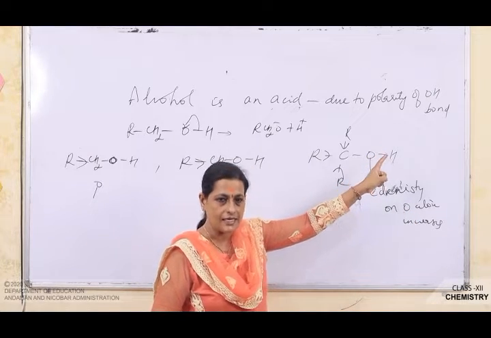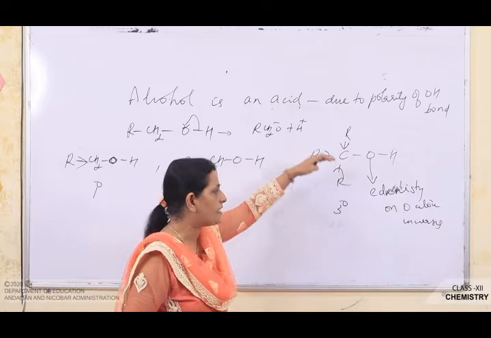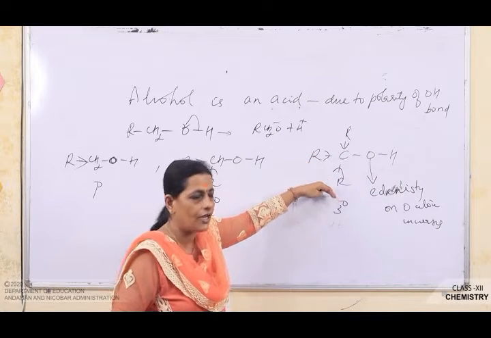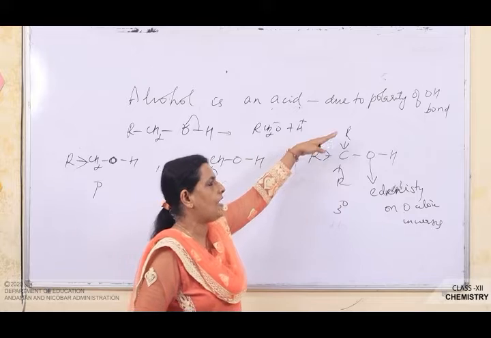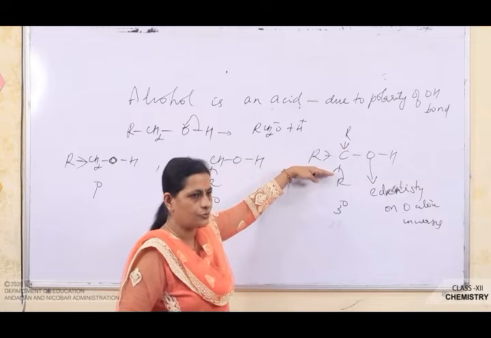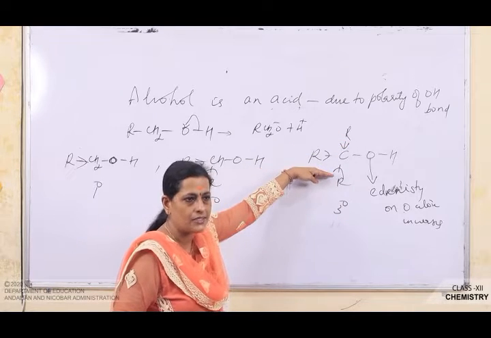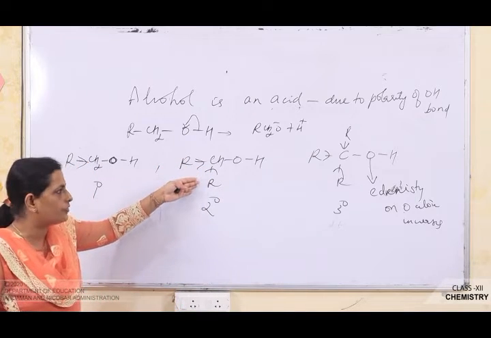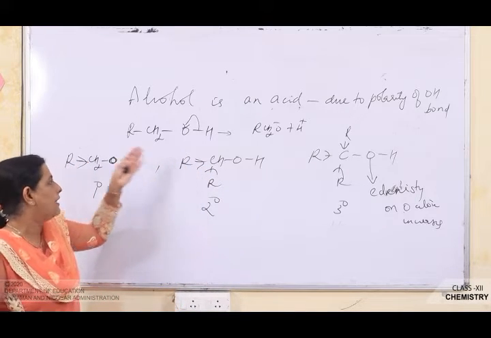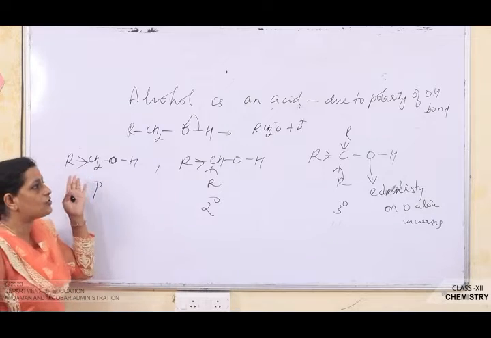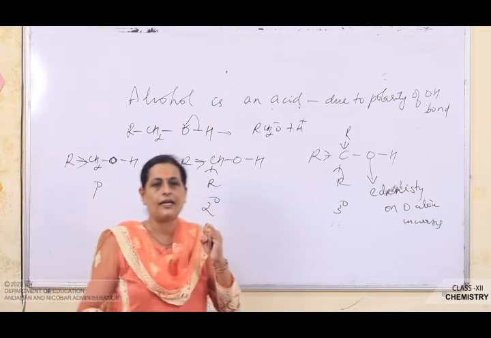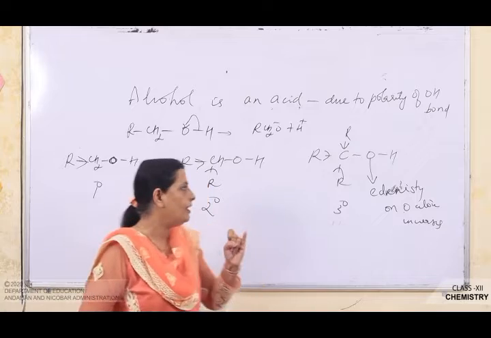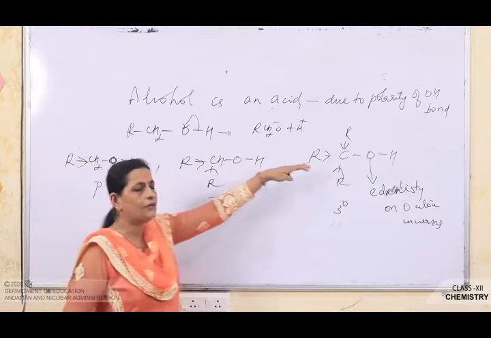It will decrease. So the polarity of the OH bond is less in which alcohol? Tertiary, due to the presence of three electron releasing alkyl groups. So the plus I effect is maximum in tertiary. Then it comes in what? Secondary, which has two electron releasing groups. And then primary. So which is the strongest acid? Primary alcohol is the strongest acid. Then comes secondary and then tertiary.